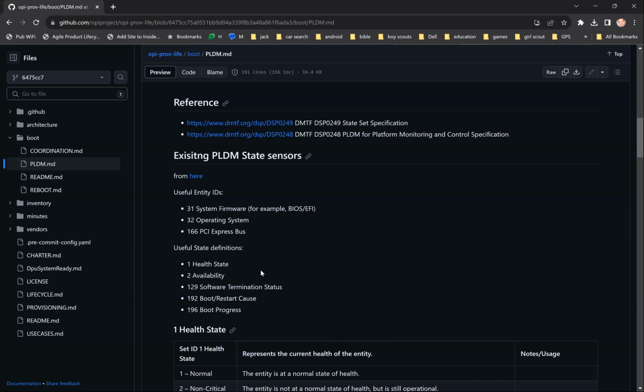The highest boot progress you can get to is when you start booting the OS, because it's really modeled for UEFI. It doesn't have the lower-level states either, so it doesn't have firmware. It just says BIOS entered system firmware, but it doesn't have multiple firmwares.